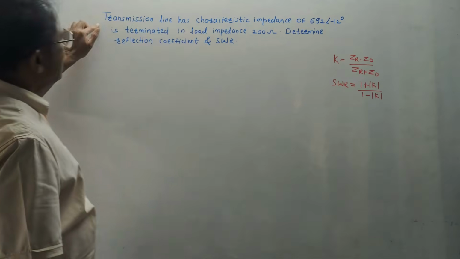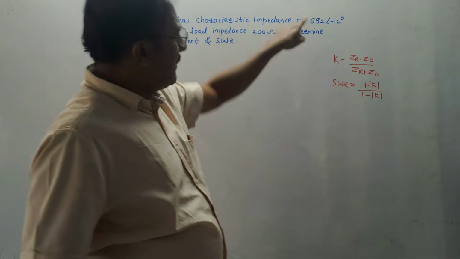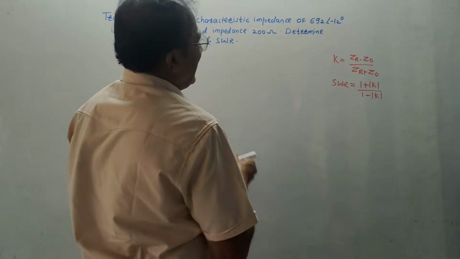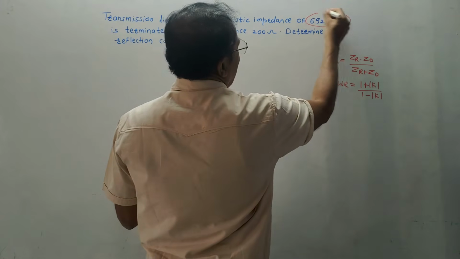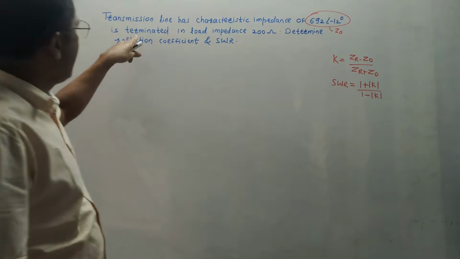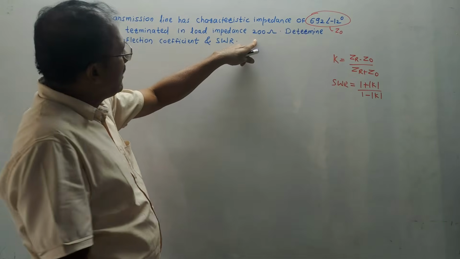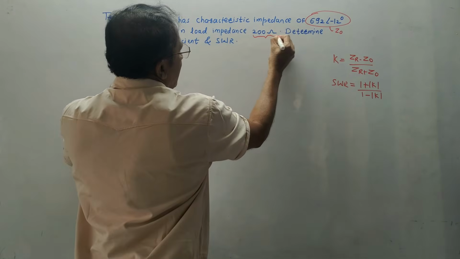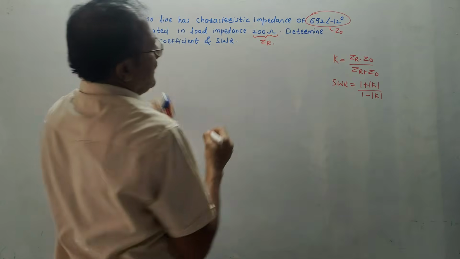The next numerical is: a transmission line has a characteristic impedance of 692 at an angle minus 12 degrees. This is the given value of Z0, and it is terminated into a load impedance of 200 ohm. This is the value of ZR.